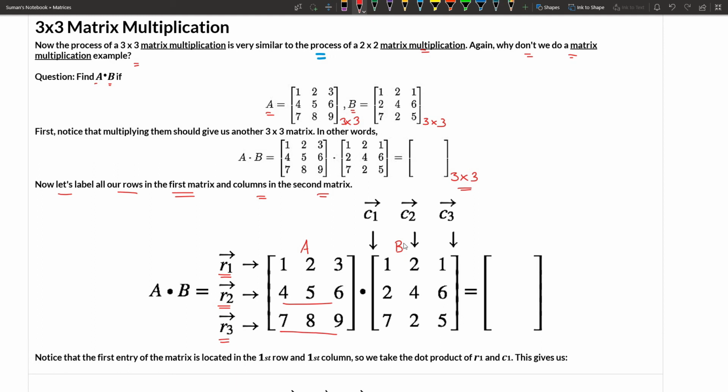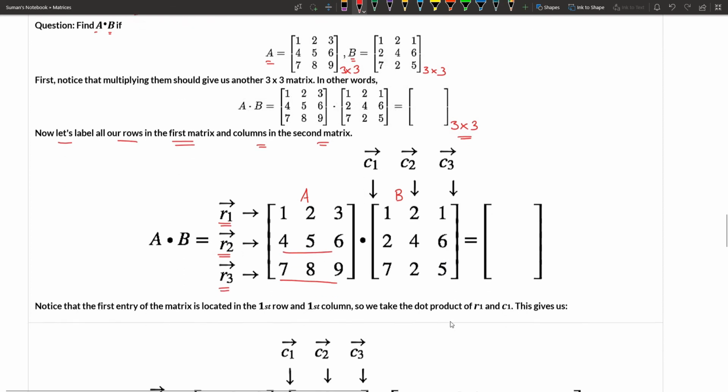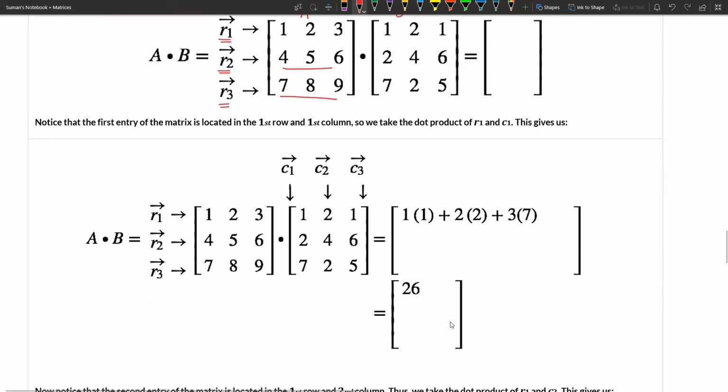And the same for matrix B: column 1 is the vector 1 2 7, column 2 is another vector 2 4 2, and 1 6 5 is the third vector, column 3 of matrix B. In the same way we have to multiply the two matrices using dot product.